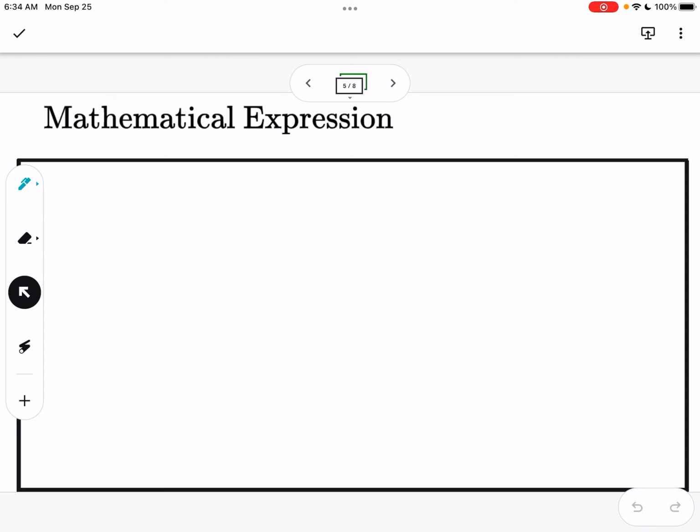So an expression is simply when we combine numbers and or variables using our operations.